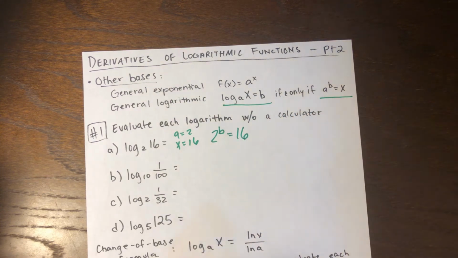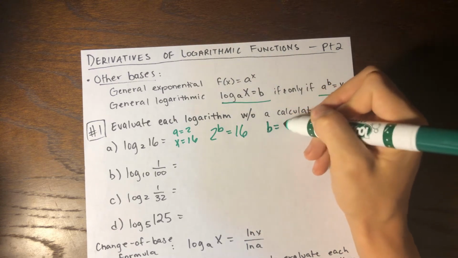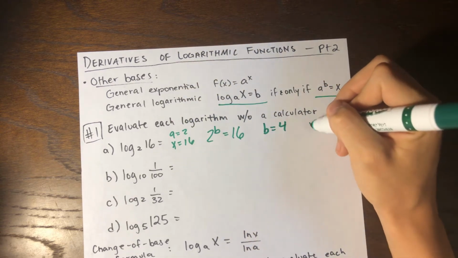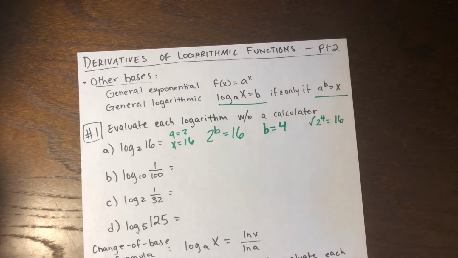So I have to think, 2 to what power is going to give me 16? Well, I know 2 to the second power is 4, 2 to the third power is 8. So if I try 2 to the fourth power, that should give me 16, so b is 4. If I want to check, 2 to the fourth power is equal to 16.